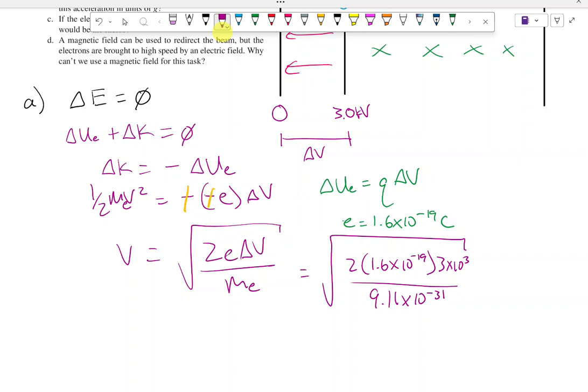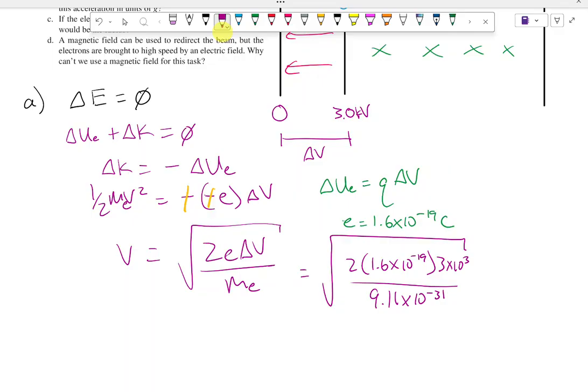Plug all that in. Sorry, where's my calculator? There it is. 2 times the elementary charge times 3 kilovolts divided by the mass of an electron, and then square rooted.